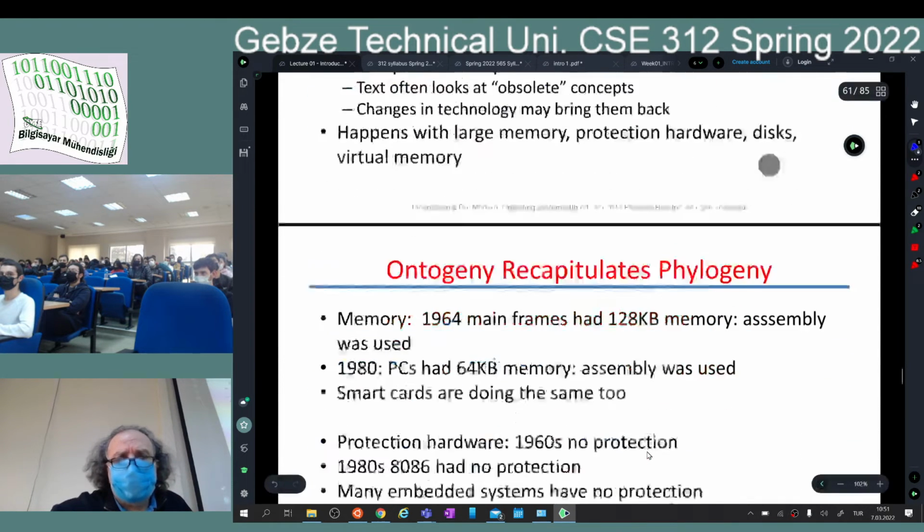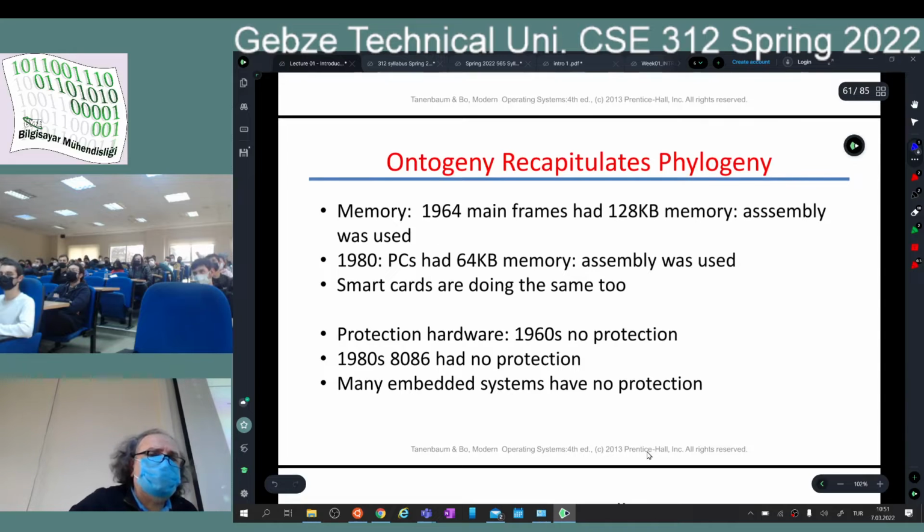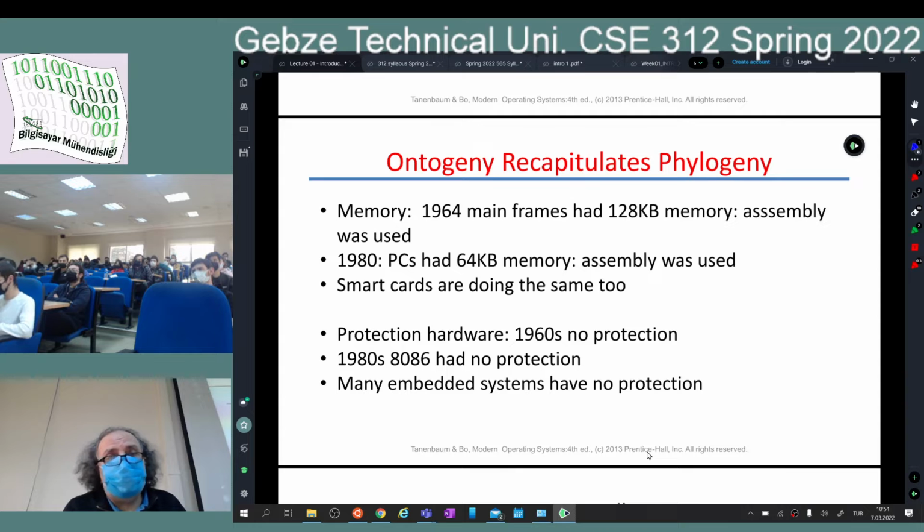What do we mean by that? Okay, in the 1960s, the mainframes had very little memory, 128 kilobytes of memory for a $10 million computer. If you don't have memory, then memory is so scarce and so valuable. So what do you do? You use assembly language to write your programs so that you take care of your memory, okay? You use your memory in a very careful way.